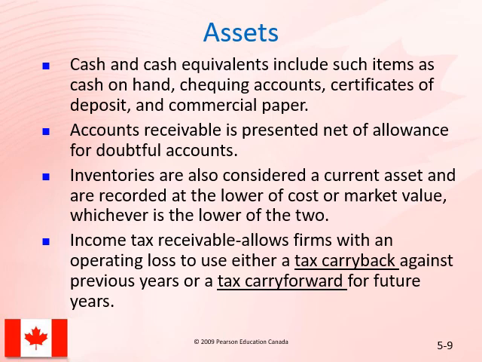The one thing the slide here in our textbook reminds us is to always follow conservatism, so the GAAP rule tells us we must record an asset at the historical cost or market value, whichever is lowest. That way we're not overvaluing our assets.